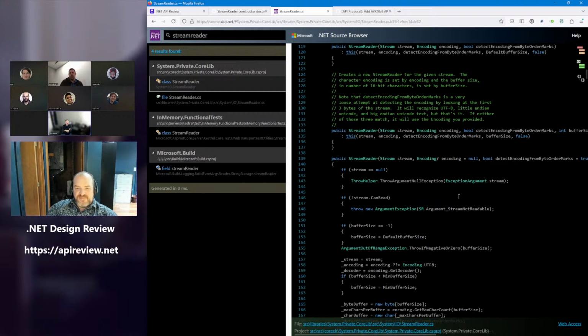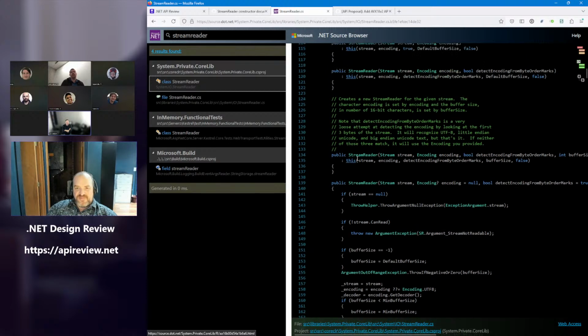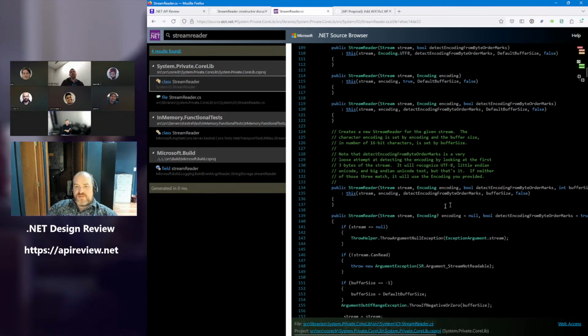Okay, then I disagree with the proposal as it's written, because it doesn't make sense to go to the other one and make them optional then. No, so it's here. The long constructor says encoding is nullable. The shorter constructors say it's not nullable, but they just forward to the long constructor.